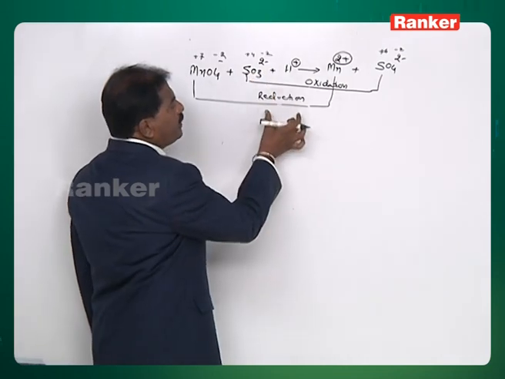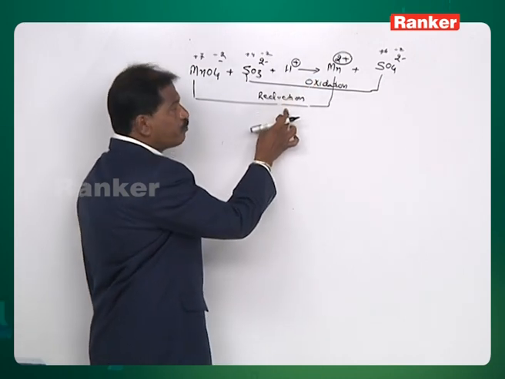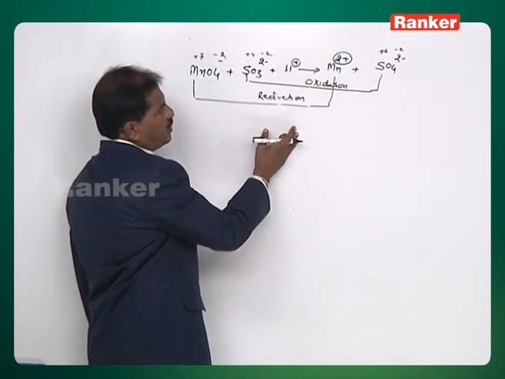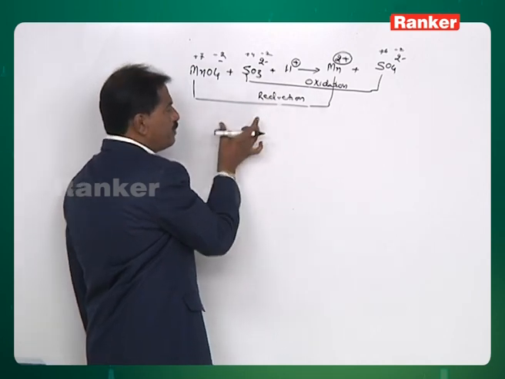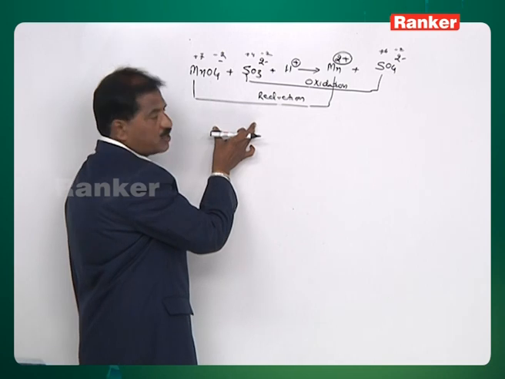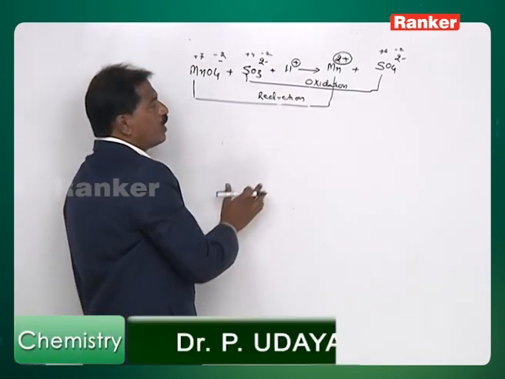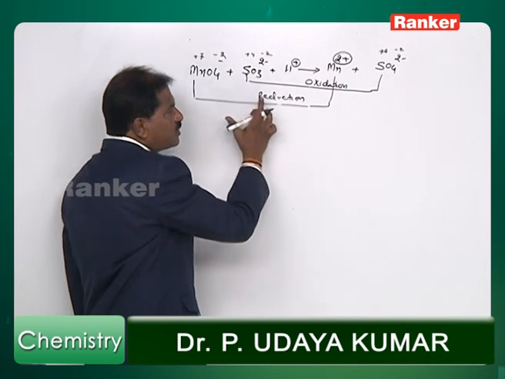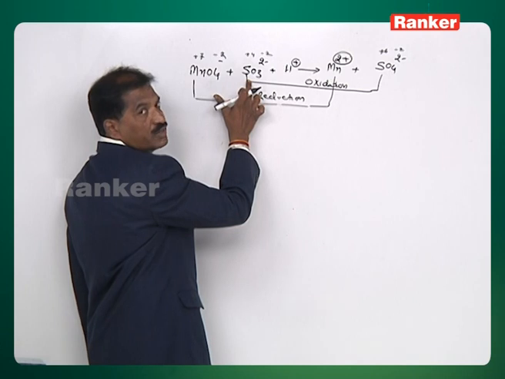After identifying the species undergoing oxidation and reduction, the entire reaction has to be divided into two parts. The first part is called the oxidation half reaction. The second part is called the reduction half reaction. How do we divide the entire reaction into two parts? First, identify the atom which is undergoing oxidation.